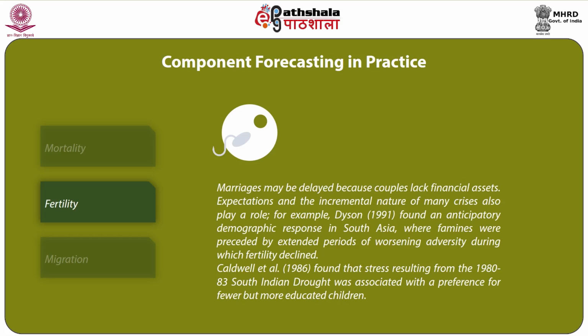For example, Dyson 1991 found an anticipatory demographic response in South Asia, where famines were preceded by extended periods of worsening adversity during which fertility declined. Caldwell et al. 1986 found that stress resulting from the 1980-83 South Indian drought was associated with a preference for fewer but more educated children.